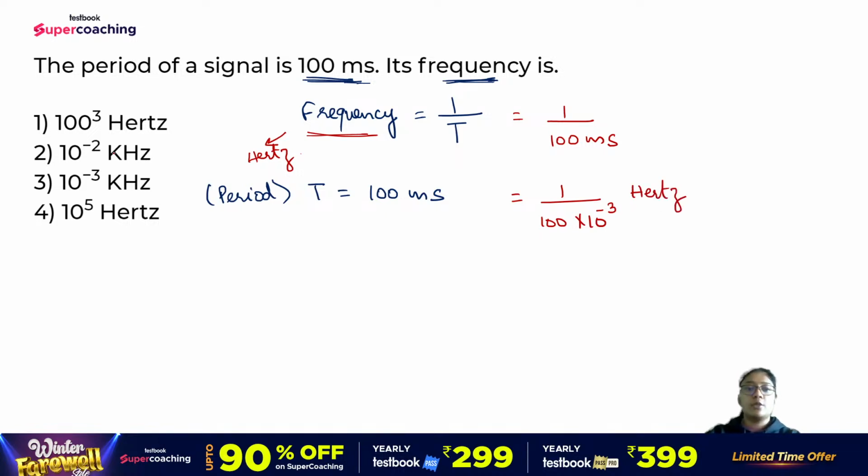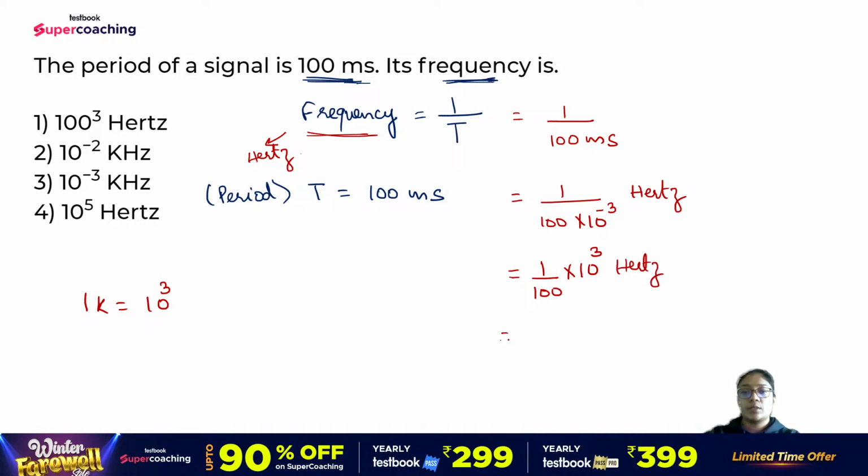But if you look at the options, this is given as 100 raised to power 3. 100 raised to power 3 means you will have 6 zeros, that too in the numerator. Not possible, because everything is in the denominator. So I can write this as 1 upon 100 into 10 raised to power 3, because we know that 1 kilo is equal to 10 raised to power 3 hertz.